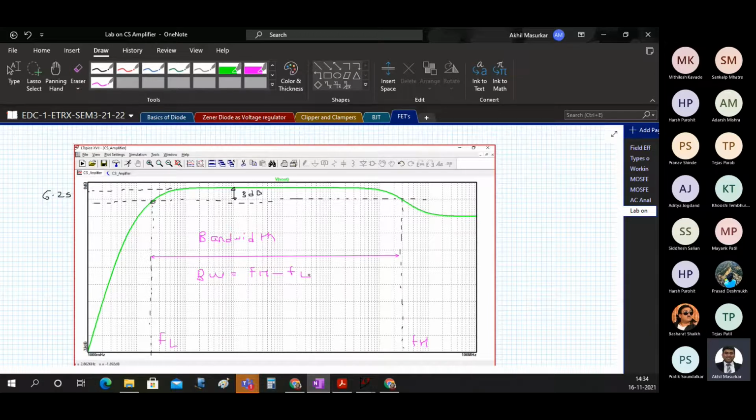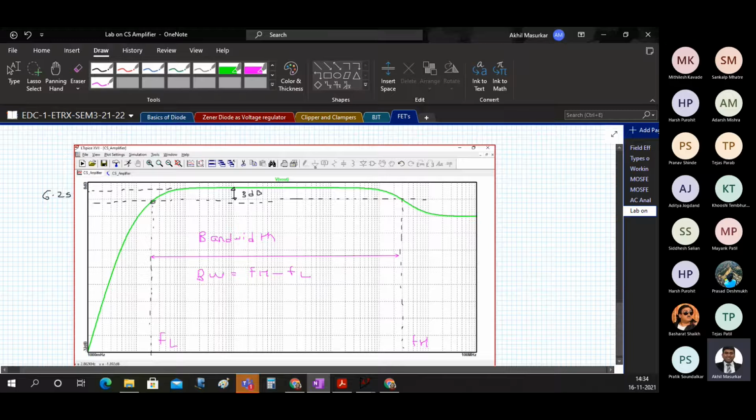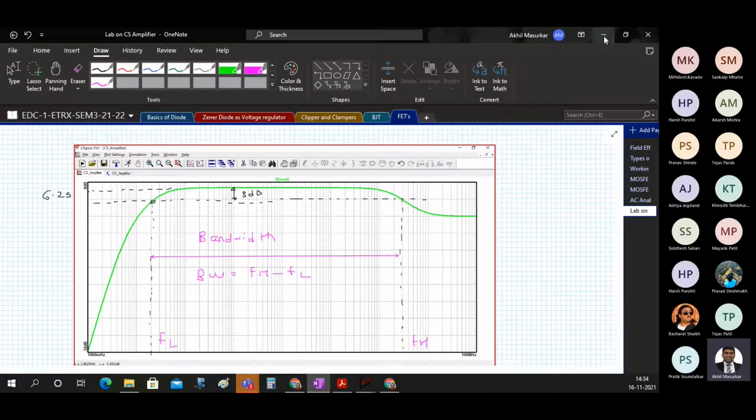That is why, when we talk about amplification, the amplifier must have a very good bandwidth. That means it should offer the same gain for a large number of frequencies. And that is the reason why we have to do this analysis.